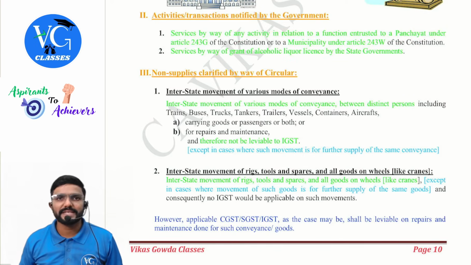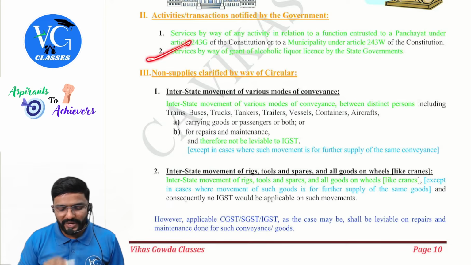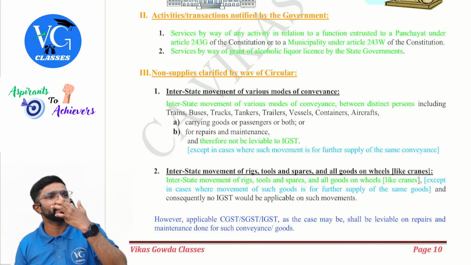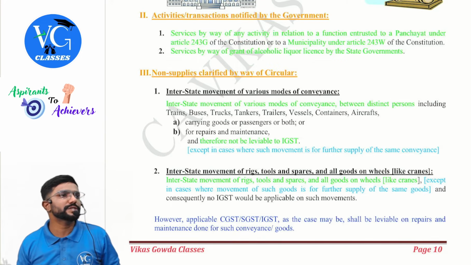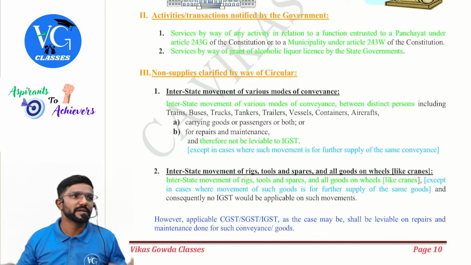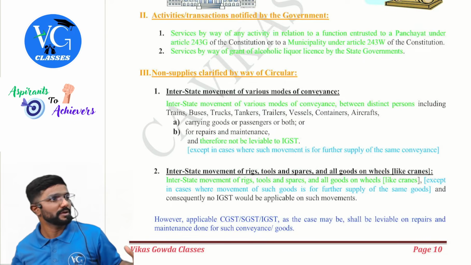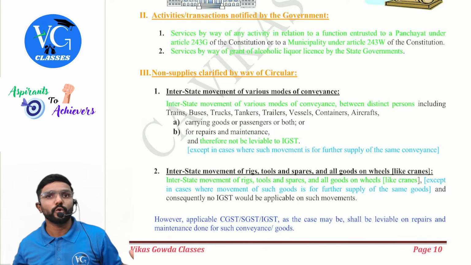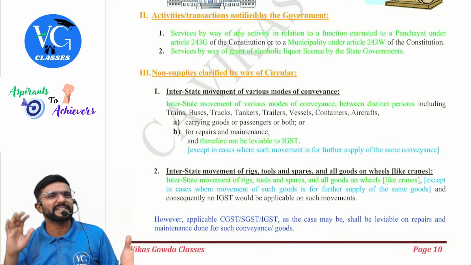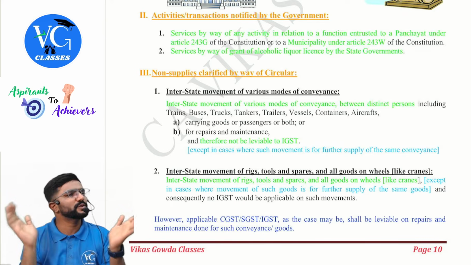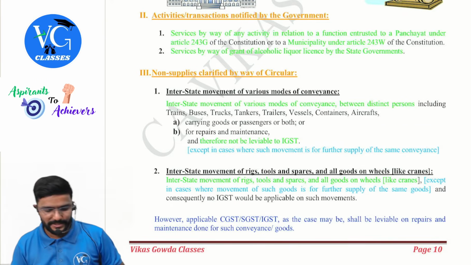No. It is neither a supply of goods nor a supply of services. Then, services by way of grant of alcoholic liquor license by the state government is neither a supply of goods nor a supply of services. State governments may issue many other licenses also. Are they covered here? No. Only liquor license. Because sale of liquor is not covered under GST. So that is why they told liquor license also we will keep outside the GST.